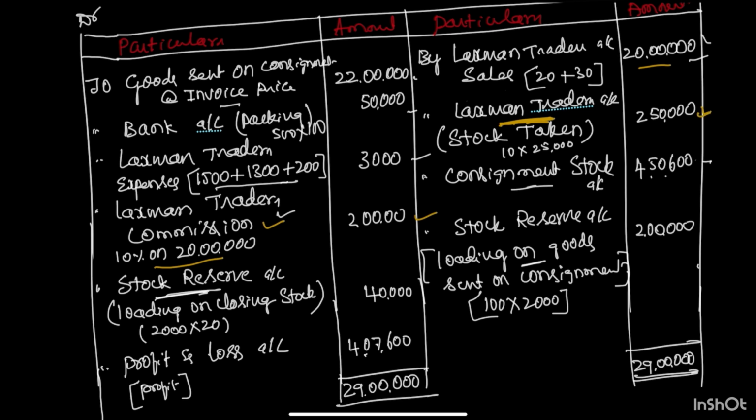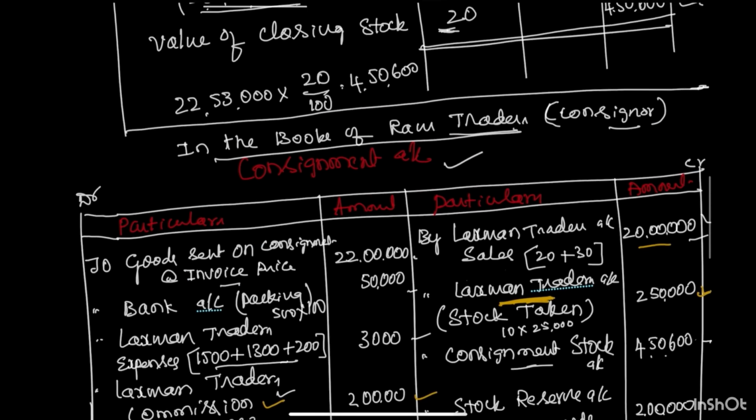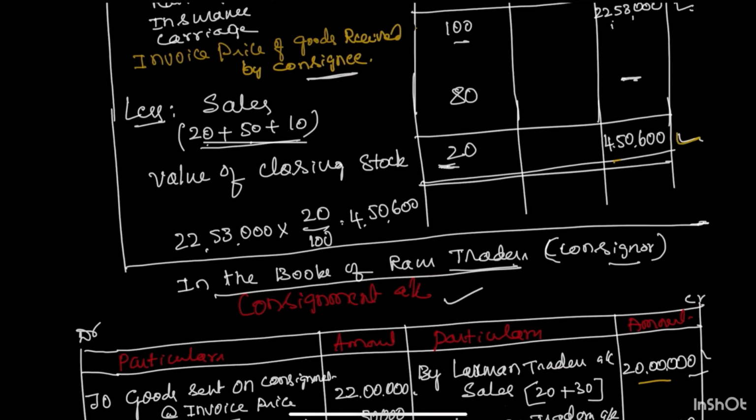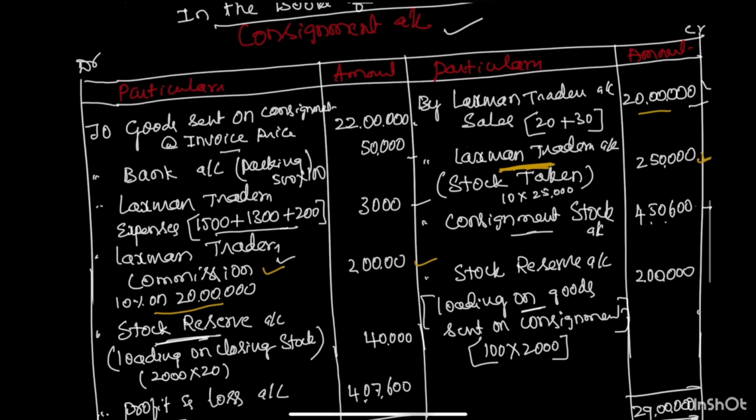2,50,000. And then the consignment stock account, the stock we have calculated here, this is the value, 4,50,600. Now this is at invoice price, cost plus 10%. The 10% we added is to be cancelled by creating a stock reserve account. 100 into 2,000, the excess 10%, that is recorded here.